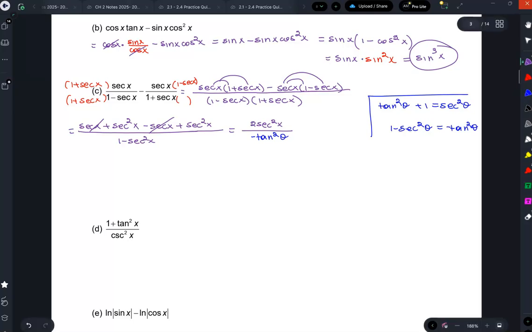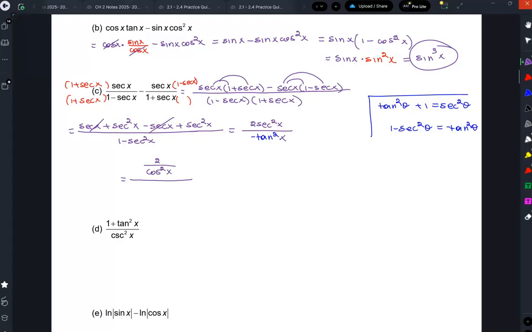Okay, let's simplify this a little bit more. So what's secant squared? It's 2 times 1 over cosine squared x, right? So it's 2 over cosine squared x.